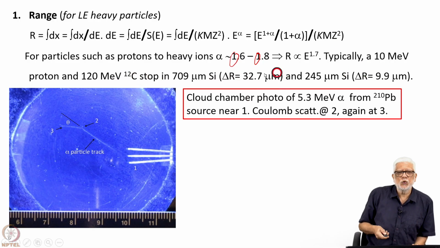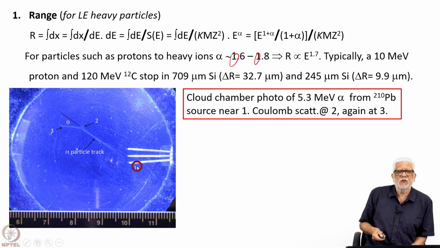Now, just to show you the actual picture in a cloud chamber. Cloud chamber is one of the early particle detectors which we saw in some of our earlier lectures. So, this is a cloud chamber photo of a 5.3 MeV alpha from an alpha source, lead 210.